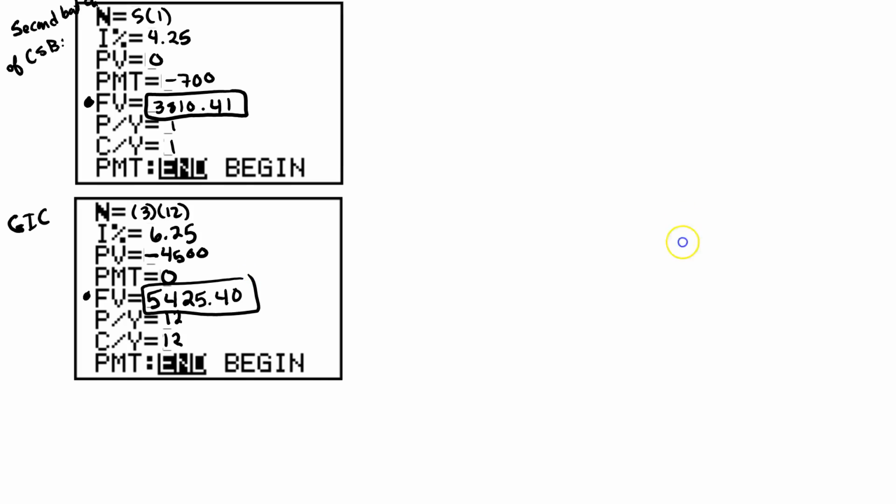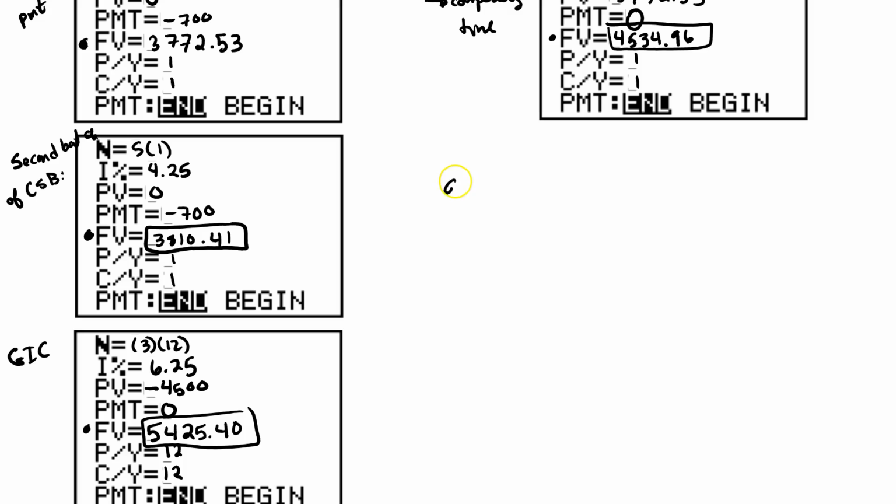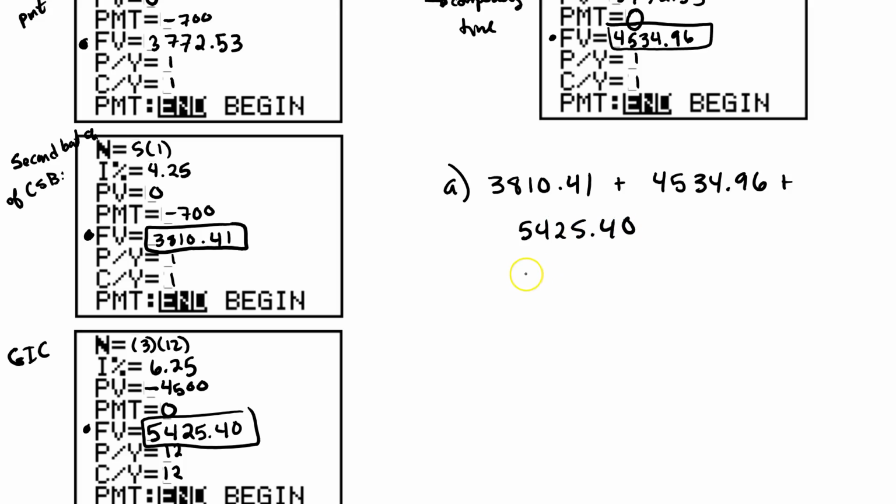So if we want to figure out what our portfolio is, let's just get all of this into view. So A, the portfolio is going to be 3,810.41 plus 4,534.96 plus 5,425.40.